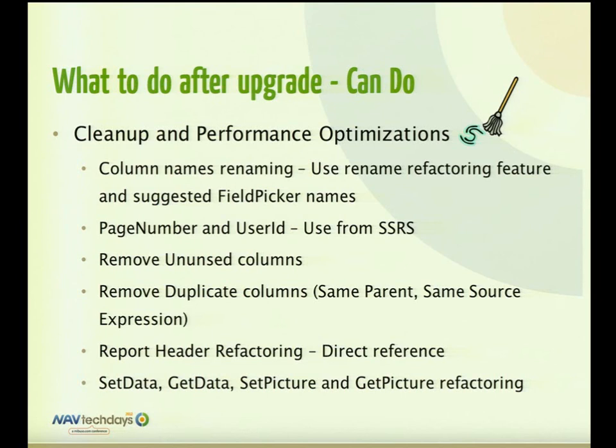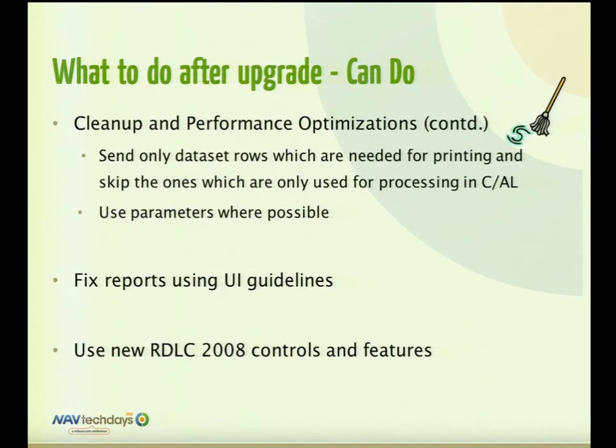Header and GetDataSet data refactoring, use it wherever possible. We have cleaned up our reports with that. Another thing you can do: we used to create a lot of dataset rows even if they were not used for rendering, because we were using them for looping and filling up some other temp table which we actually used for rendering.